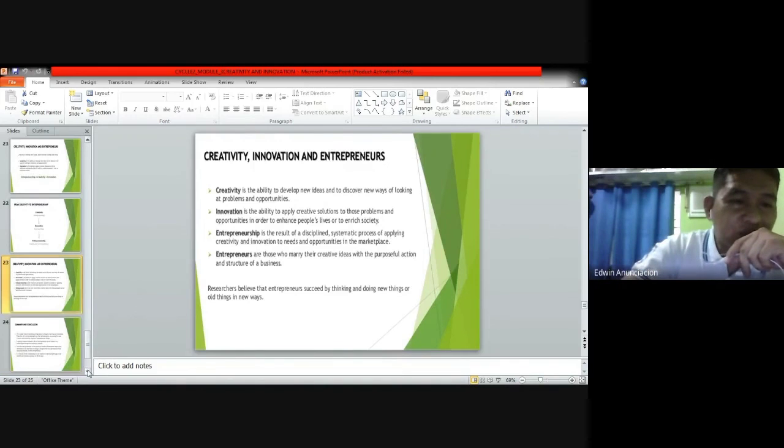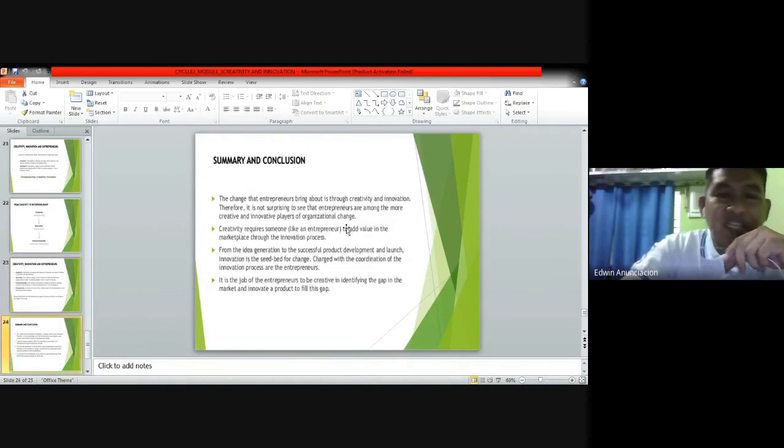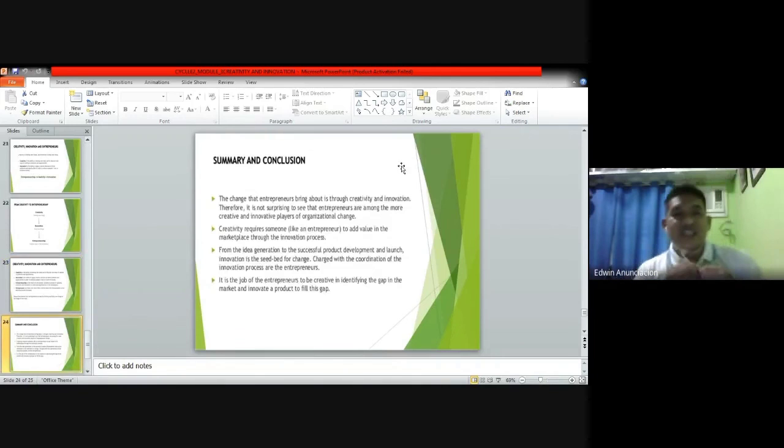So, for the last slides, I have here the summary and conclusions, okay, in which it says that the changes that entrepreneurs bring about is through creativity and innovations. True, di ba? Therefore, it is not surprising to see that entrepreneurs are among the more creative and innovative layers of organizational change.